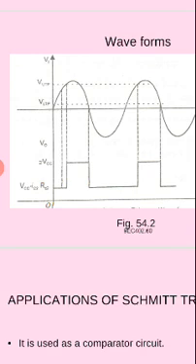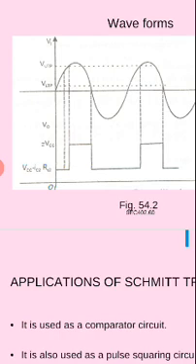Instead of mentioning VCC minus IC2 RC2, we can mention VCSAT, meaning output voltage has two values: one is VCC, another one is VCE SAT.